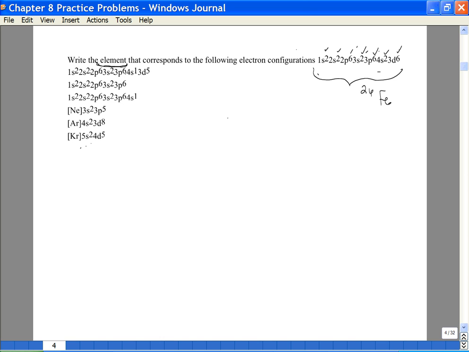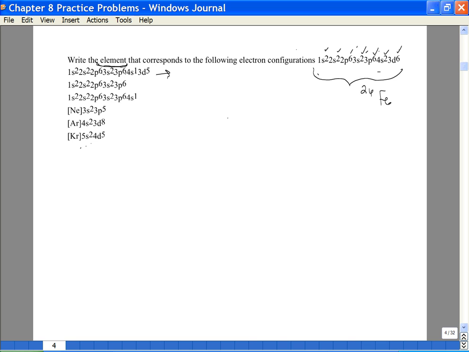The same is true when we look at the next one. When we add the total number of electrons up, we get 24. And we see that 24 corresponds to chromium.